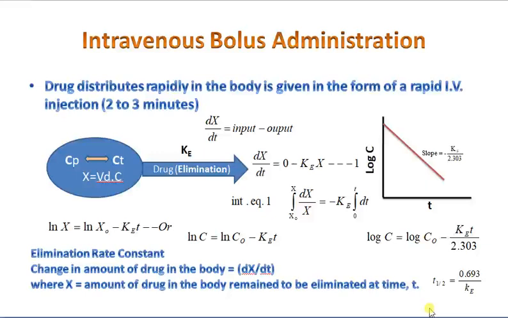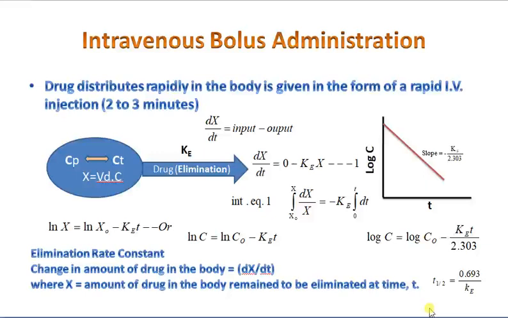The graph is plotted between log c versus t, and the intercept on the y-axis represents log c naught, that is, the initial drug concentration, and the slope of this line is equal to Ke divided by 2.303.